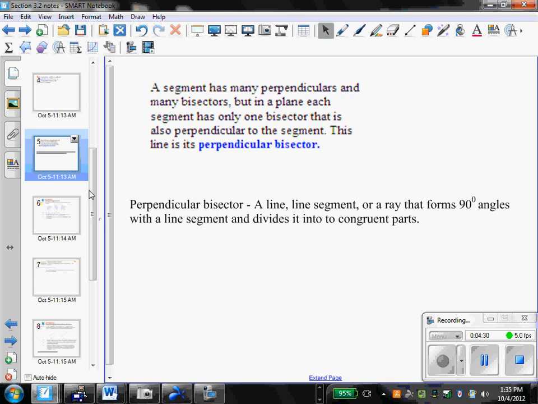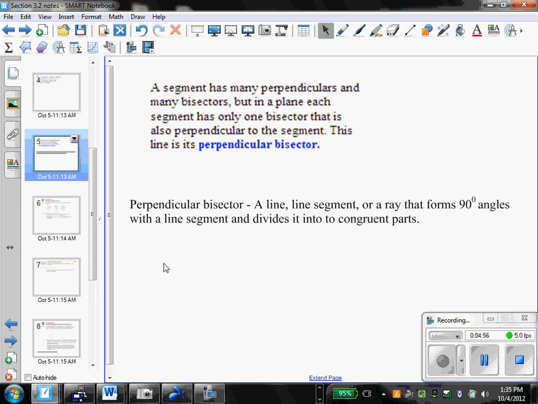The next definition that we want to talk about is if our bisector is perpendicular to the line segment. So a segment has many perpendiculars and many bisectors, but in a plane, each segment only has one of those bisectors that is also perpendicular to the segment. This line is called a perpendicular bisector.